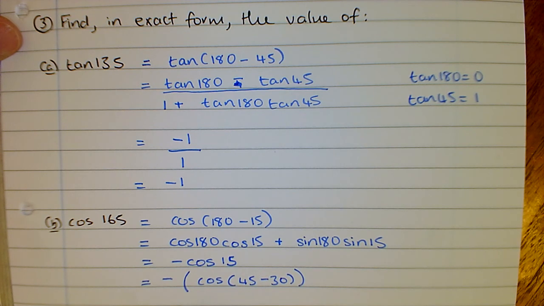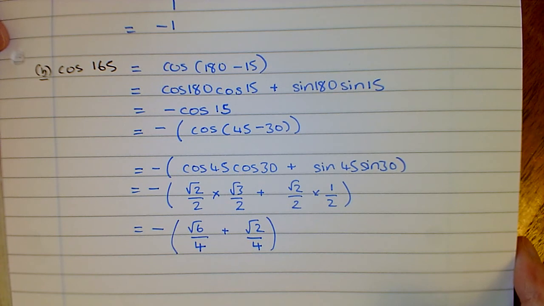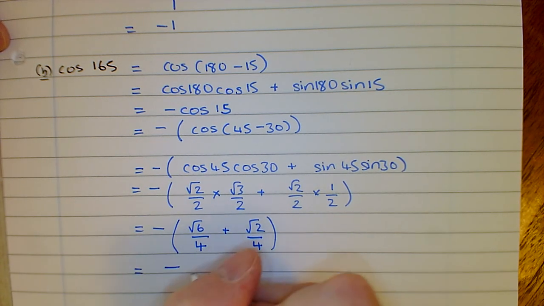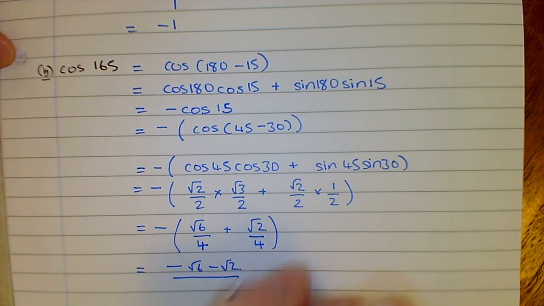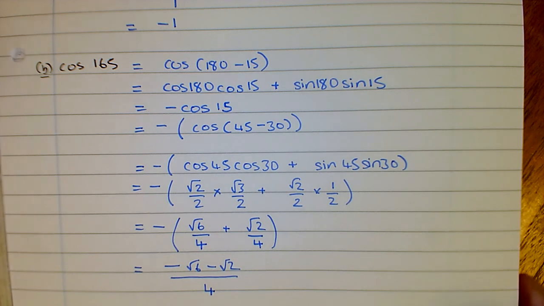So this gives you root 6 over 4, and this gives you root 2 over 4. So just combining all that together, we get minus root 6 minus root 2 all over 4.